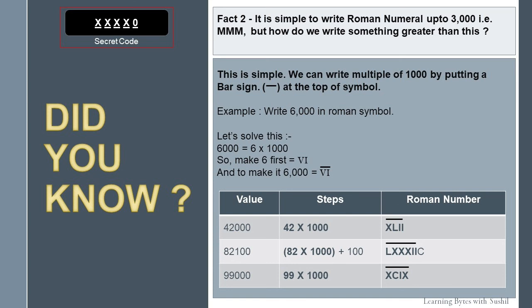Similarly for 82,100, make 82, which will make it 82 into 1000, then 82,000 by putting a bar sign over it, and then add a 100 to it, that is add a C to it. And similarly for 99,000, make 99 first and then put a bar sign over it. So that's how you can make the larger numbers as well, by putting a bar sign over the symbol. Okay, so that was Did You Know?